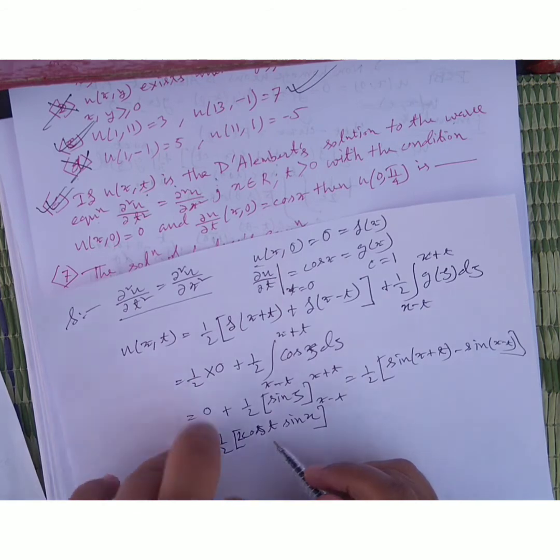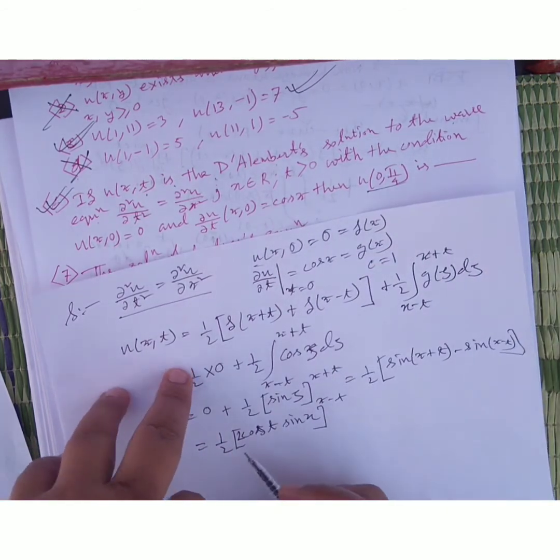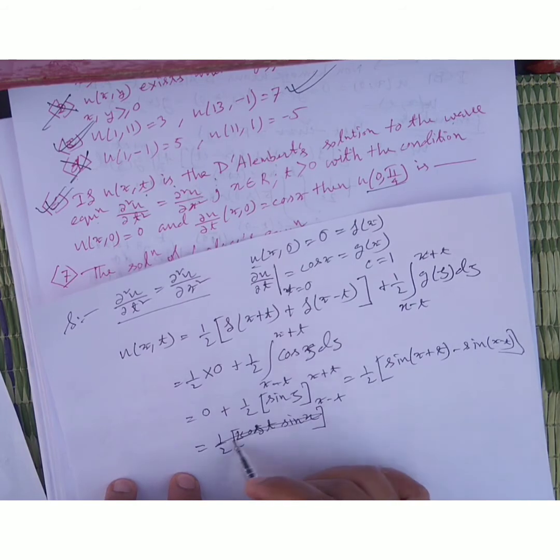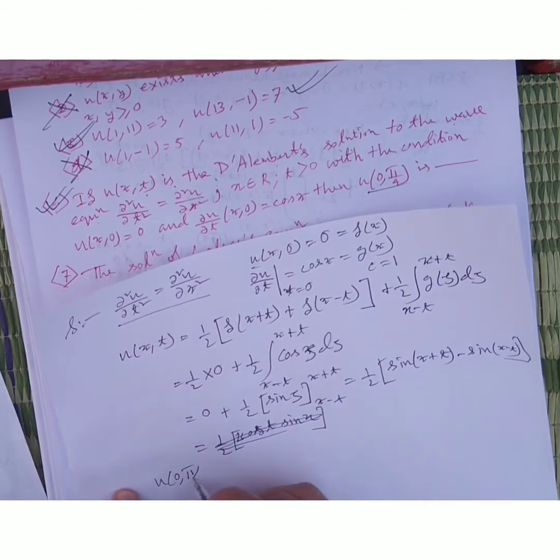Another problem, what is given is (0, pi by 4), I have to find out. Simple. No problem, I will not put this formula, I just put 0 and pi by 4.